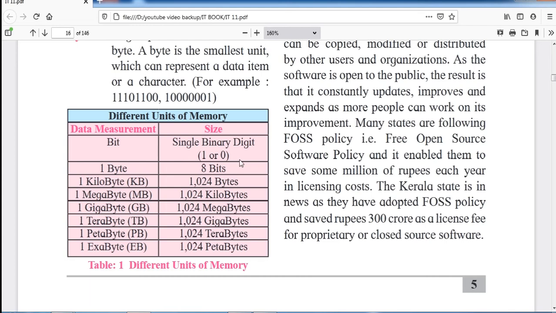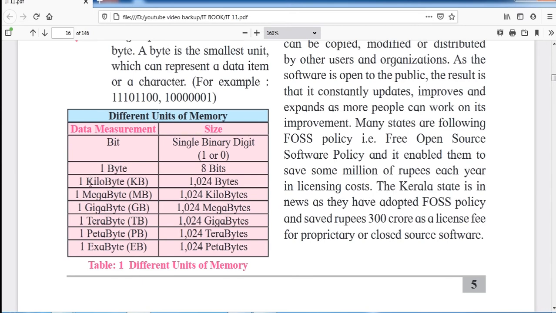Here they have given us a map of memory. 1 bit, or one binary digit, is called a bit, and 8 bits is called 1 byte.